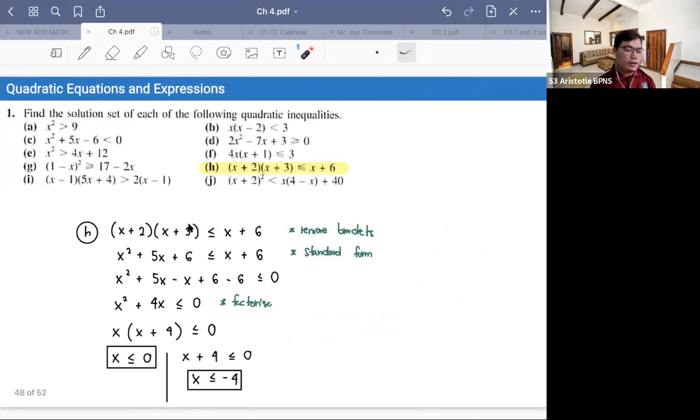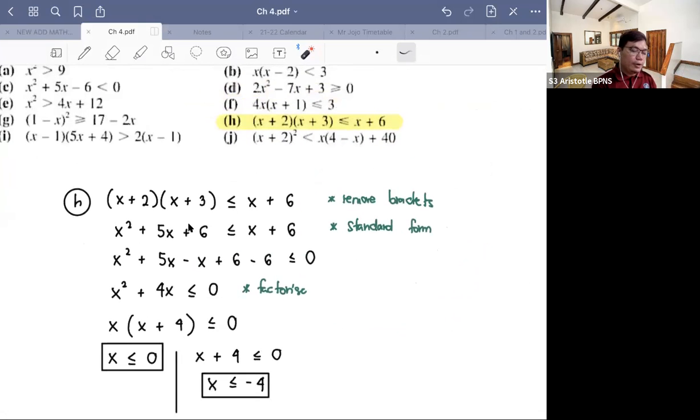So letter H, of course, involves more steps than B and C. Now for letter H, we are given x plus 2 times x plus 3 is less than or equal to x plus 6. All right, so first things first, you need to remove the brackets. You need to multiply this, and you'll get x squared plus 5x plus 6. Okay, and then bring down this. What's next?